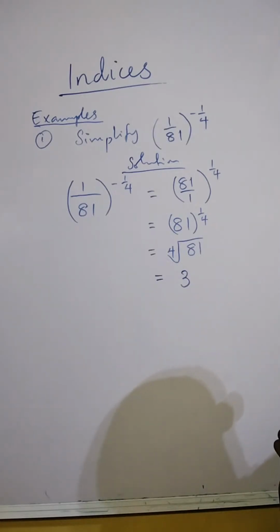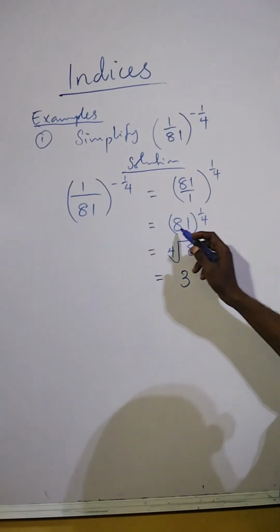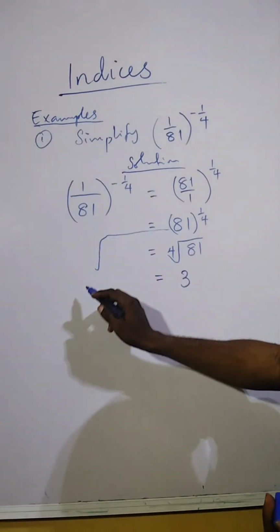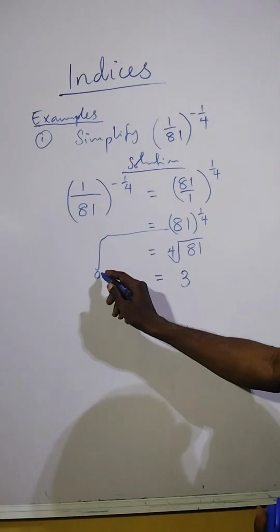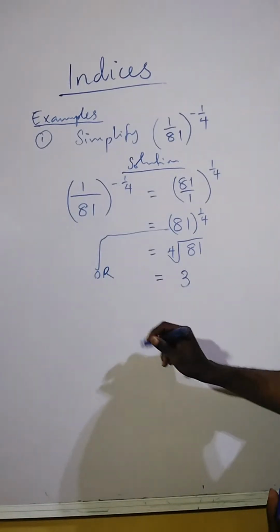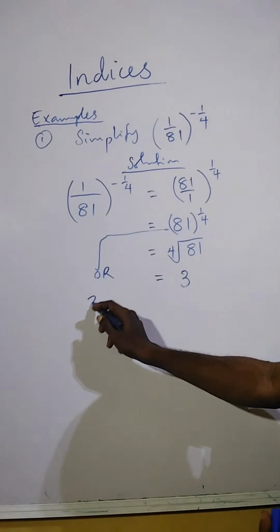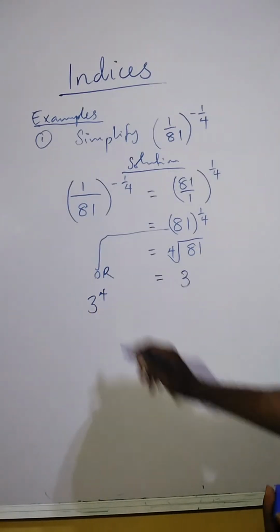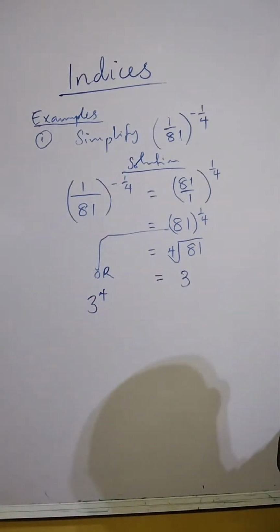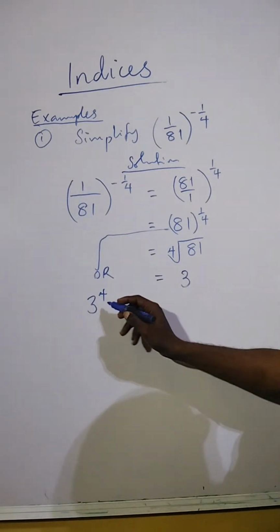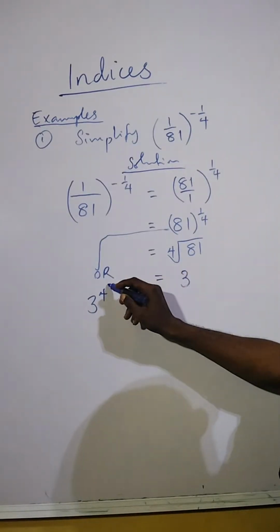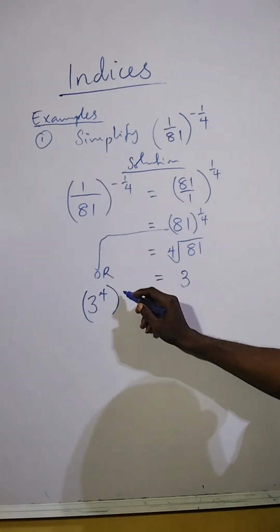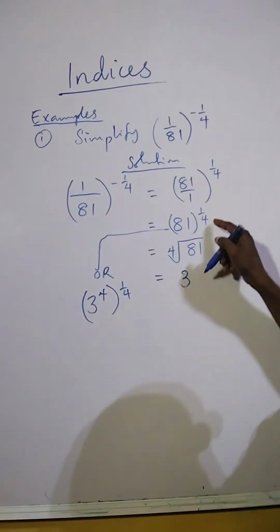Or from here, we can decide to say 81 is the same thing as 3 raised to power 4. What is 3 raised to power 4? 3 multiplying itself 4 times. So that gives us 81, which is raised to power 1 over 4.